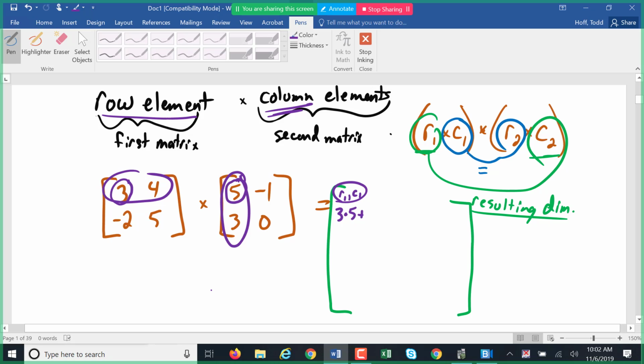And to that, we're going to add the second element of this row of 4 times the second element of that column of 3. So 4 times 3.